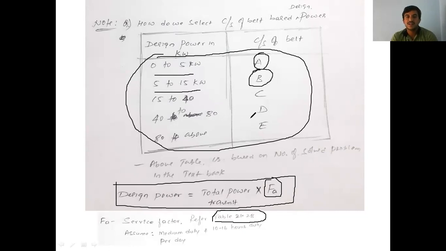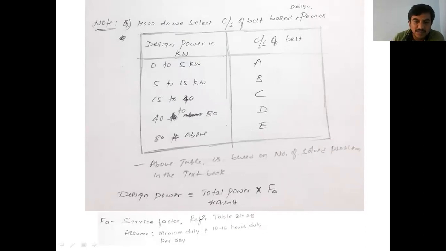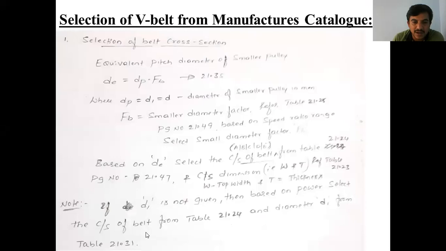Similarly for the other belt cross sections. Once you know the cross section of the belt from the power, you determine the diameter of the smaller pulley by referring to table 21.31.